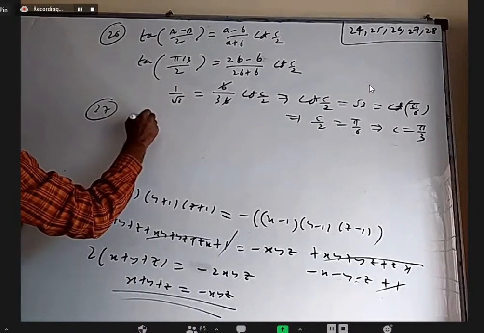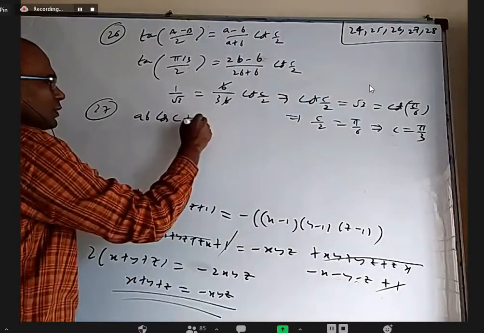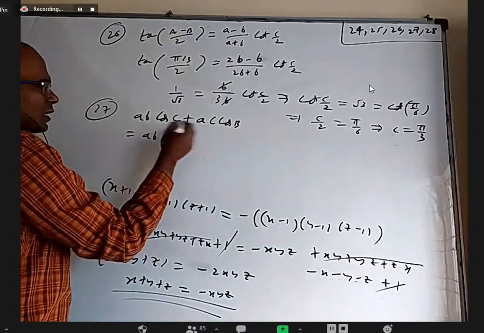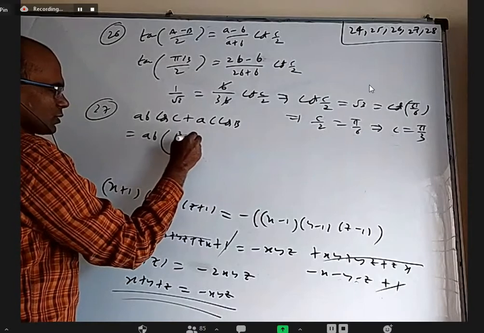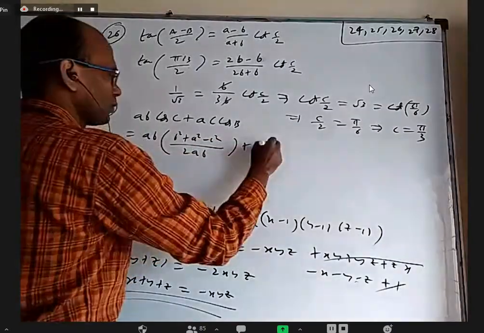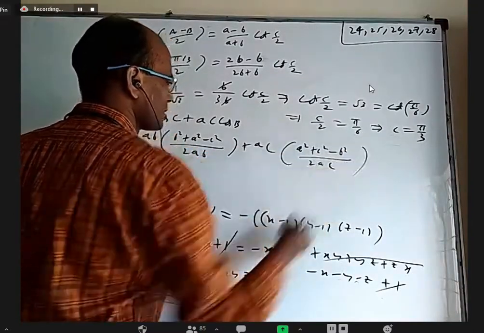Okay, 27: AB cos C plus AC cos B, that is the LHS. Cos C is directly the formula (b square plus a square minus c square)/2ab. Cos B is directly (a square plus c square minus b square)/2ac.